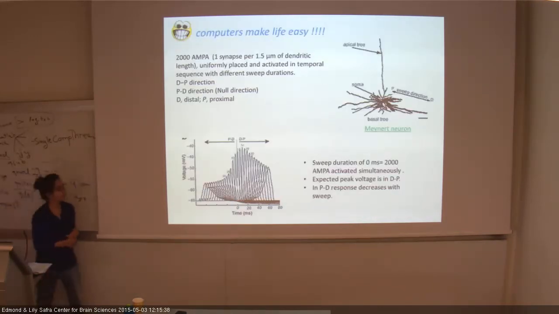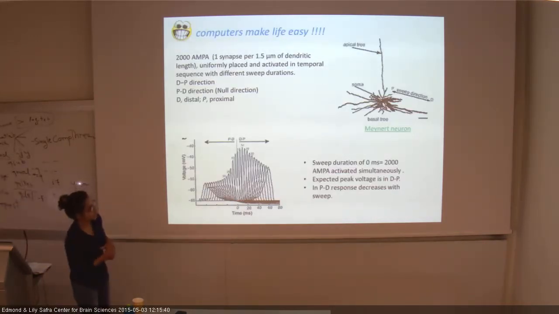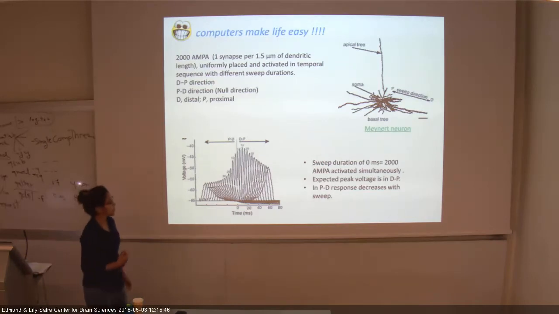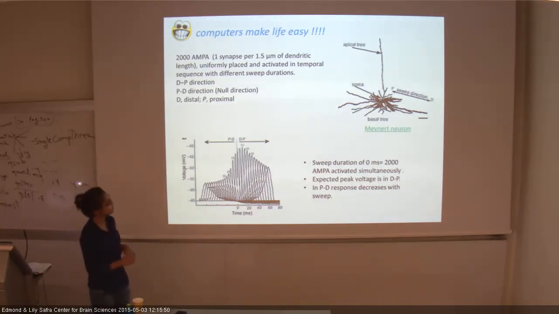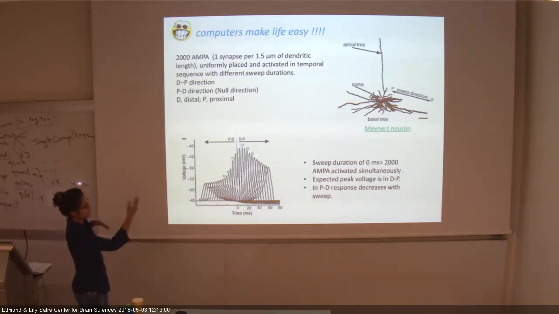They modeled the Maynard neuron, and the assumption was that all the retinotopic inputs are on one long dendrite. They used 2000 AMPA excitatory synapses which are uniformly spaced, and they activated them in a temporal sequence with different sweep durations. And they studied D2P, like distal tip to the soma and proximal dendrites, and P2D is the null direction from the proximal dendrites to the distal tip. And this is the graph.